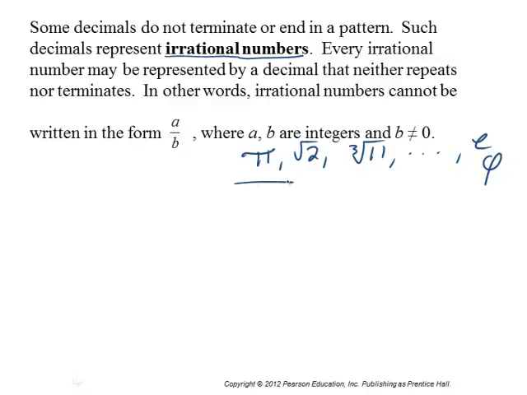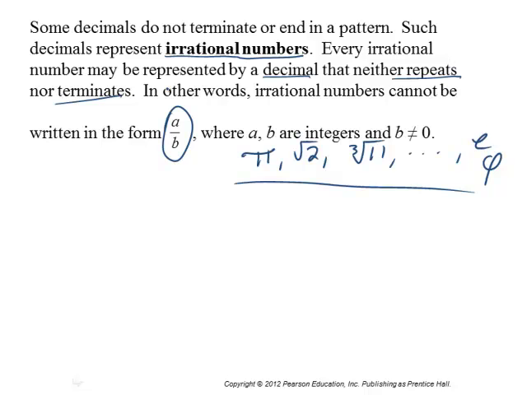And the thing about these irrational numbers is that they cannot be expressed as a fraction. So if you were to take a look at their decimal expansion, the decimal neither repeats nor terminates.